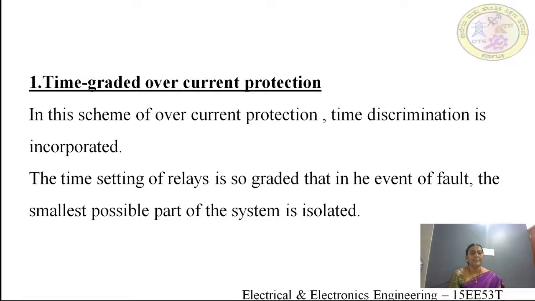That is, here we are using time as a discrimination. We are setting a time of the relay for its operation. In the event of a fault, the smallest possible part of the system is isolated first.